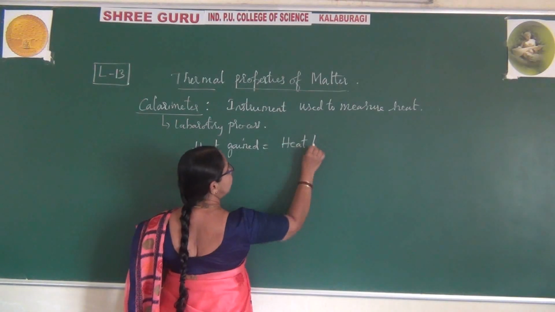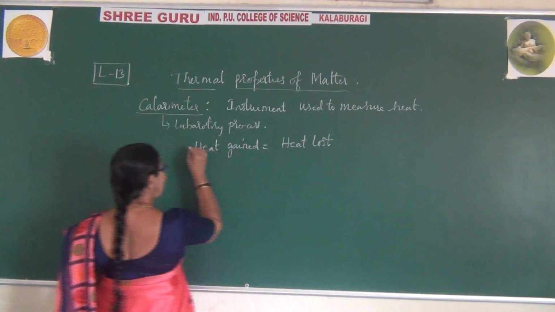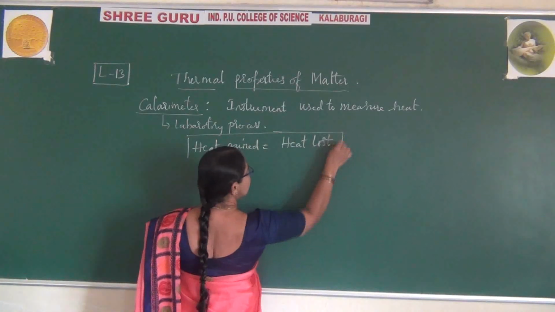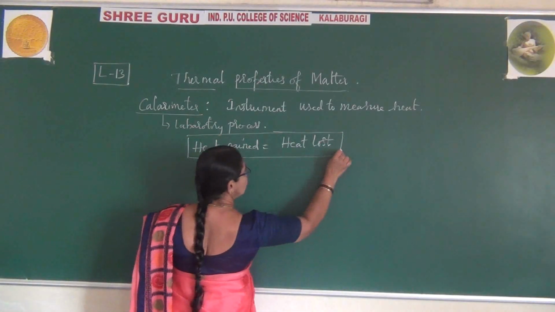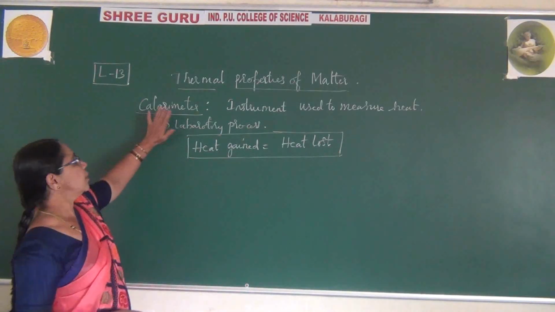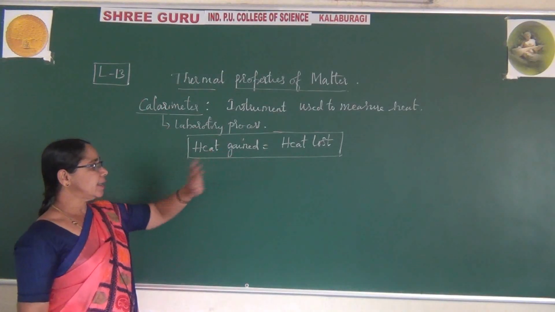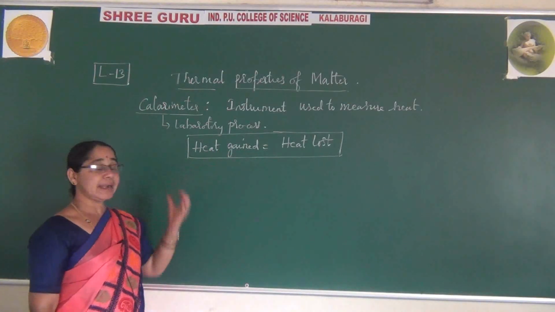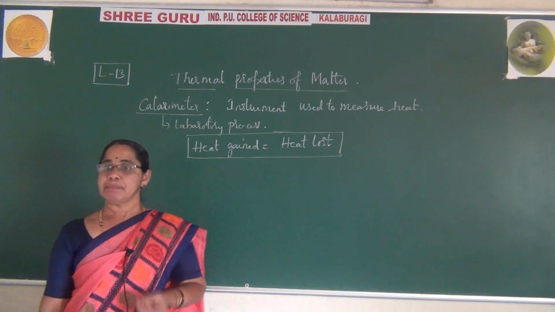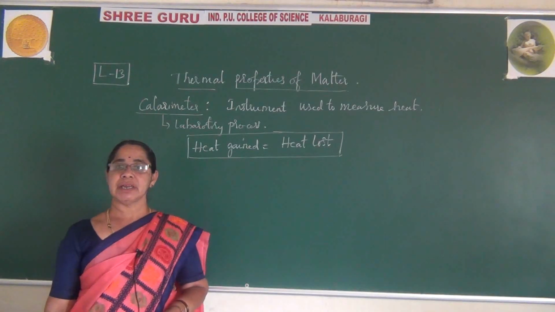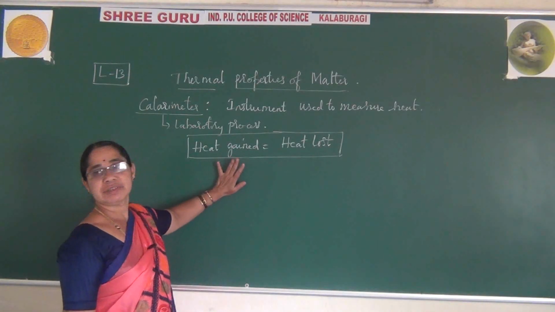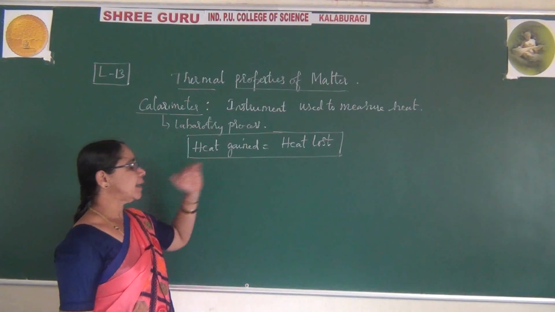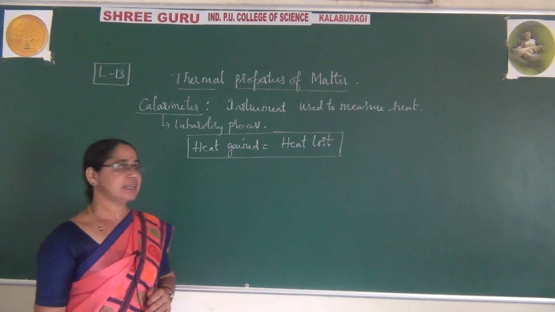This is the one principle we are using to explain this calorimeter. For this I write a mathematical equation. With the help of a mathematical equation we can solve problems in physics.